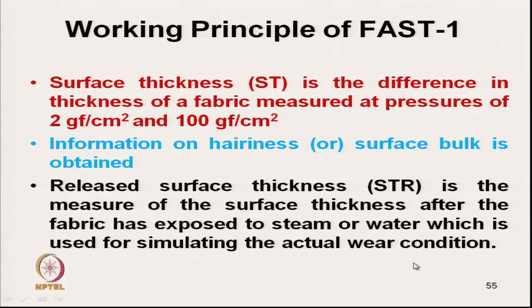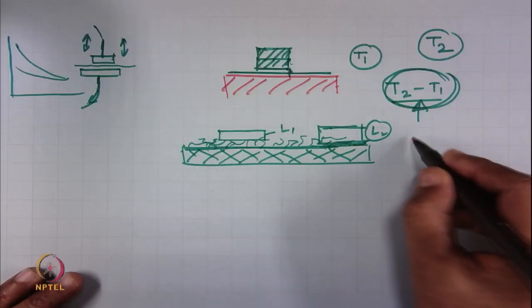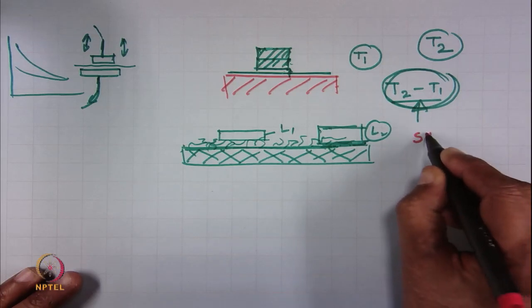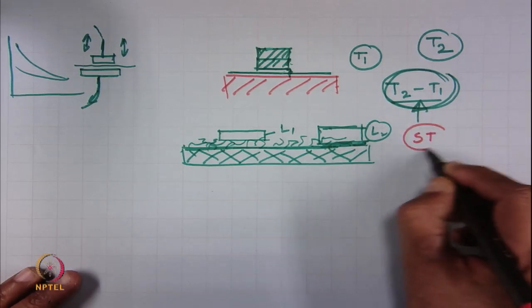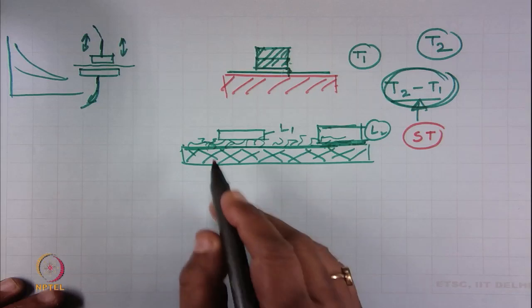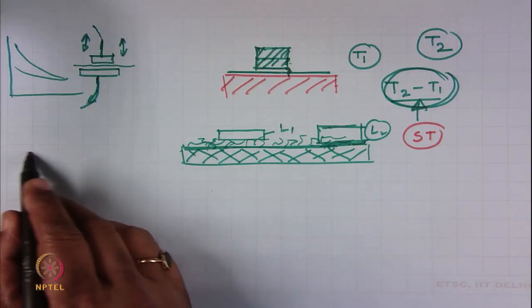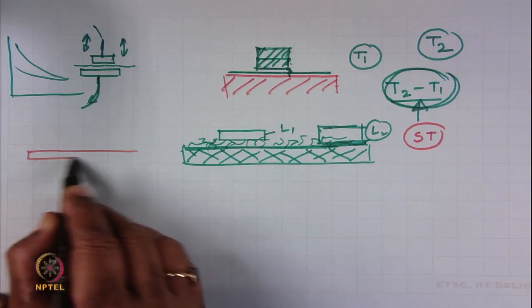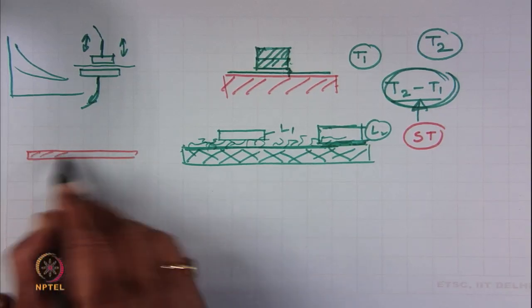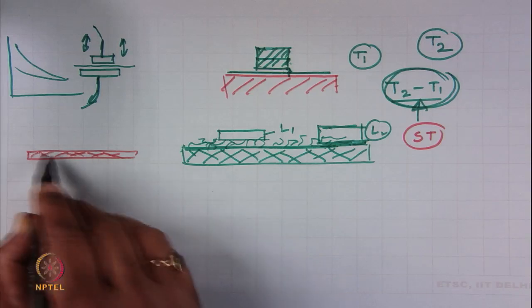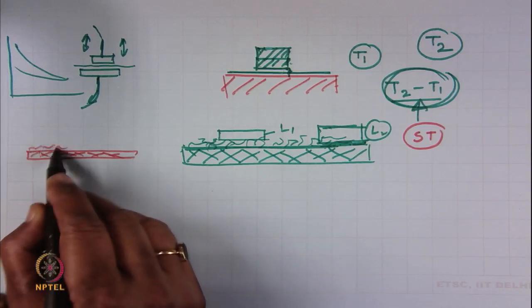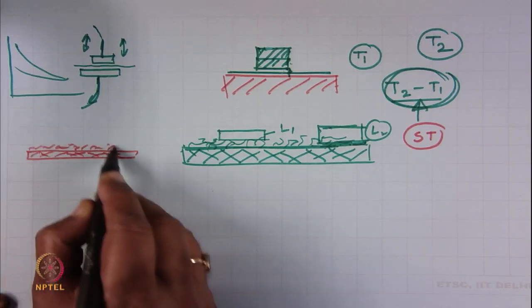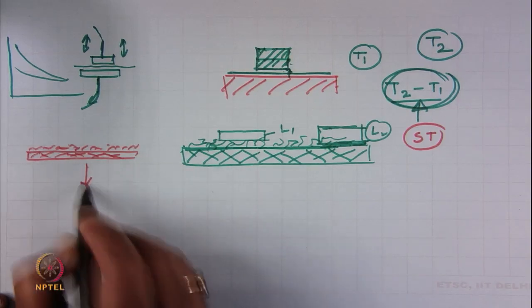Now, we must discuss this part. We have got the surface thickness as I have mentioned. Suppose this is the original fabric sample with some hairiness, some surface bulk. Now, what have we done?